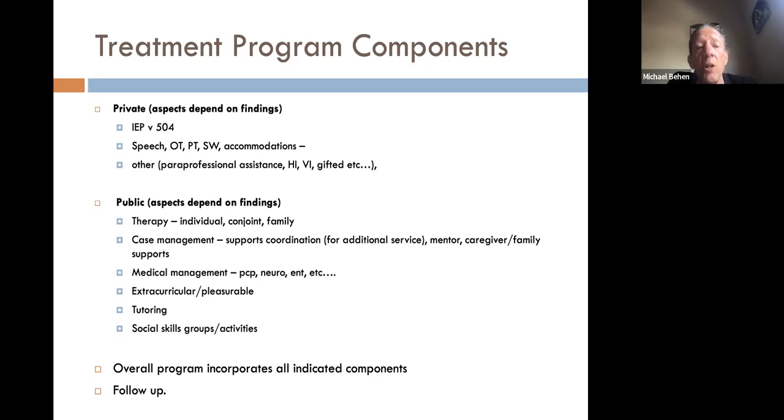So we're going to use aspects of the school setting to address any and all skills deficits, and also to provide any supports that are relevant in the school setting.